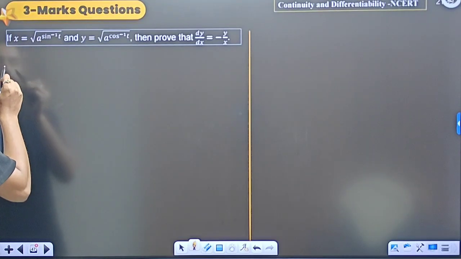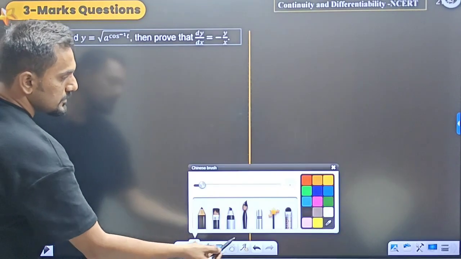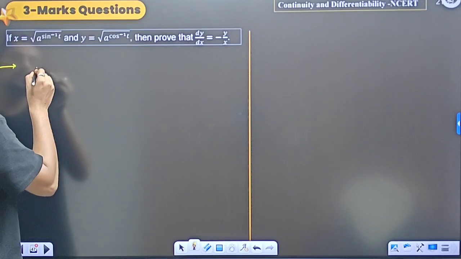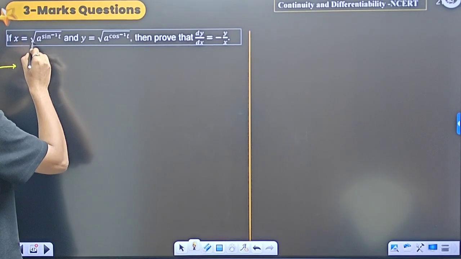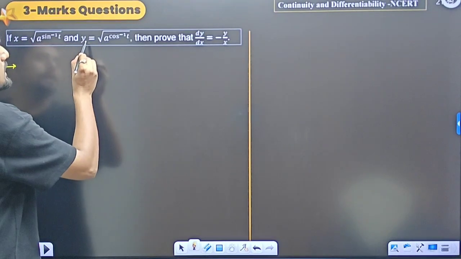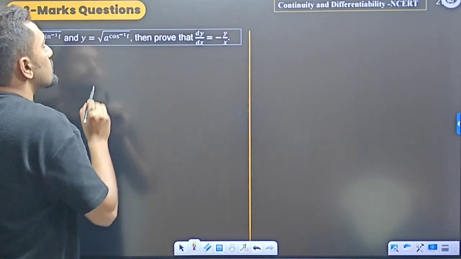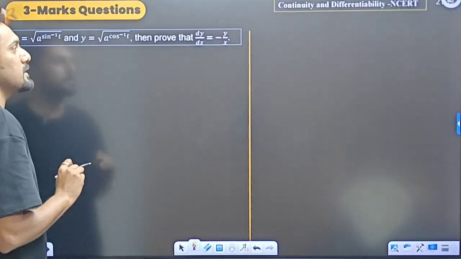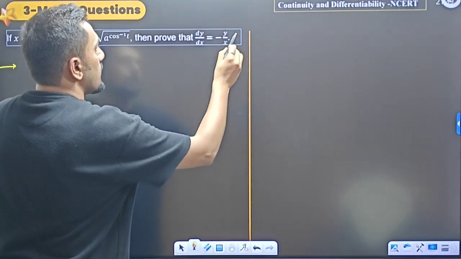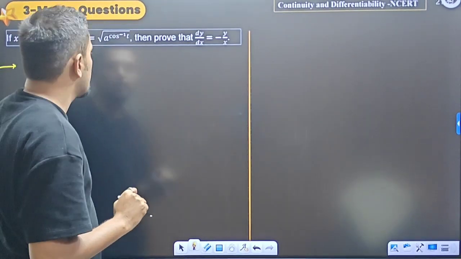Then the next question is, x is equal to under the root of a raised to the power sin inverse t, and y is equal to under the root of a raised to the power cos inverse t. Then we have to prove that dy by dx is equal to minus y by x.